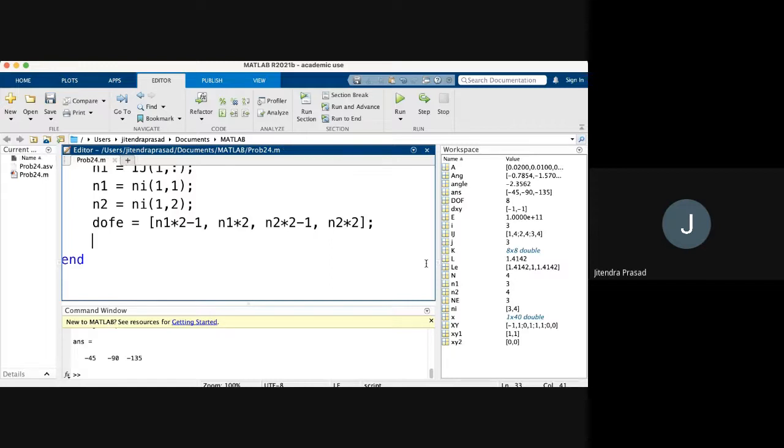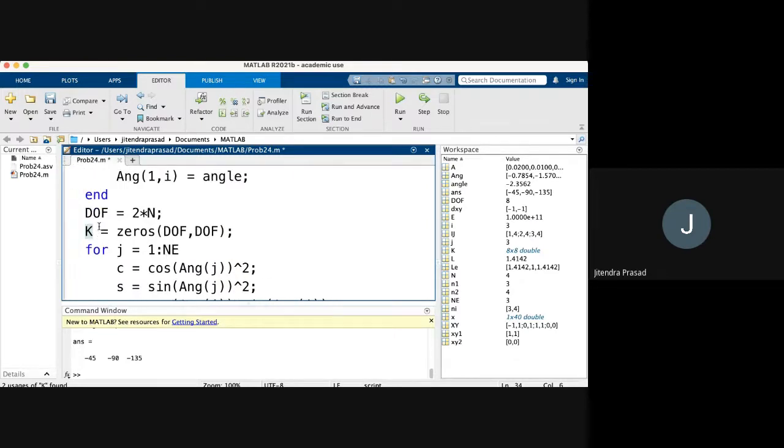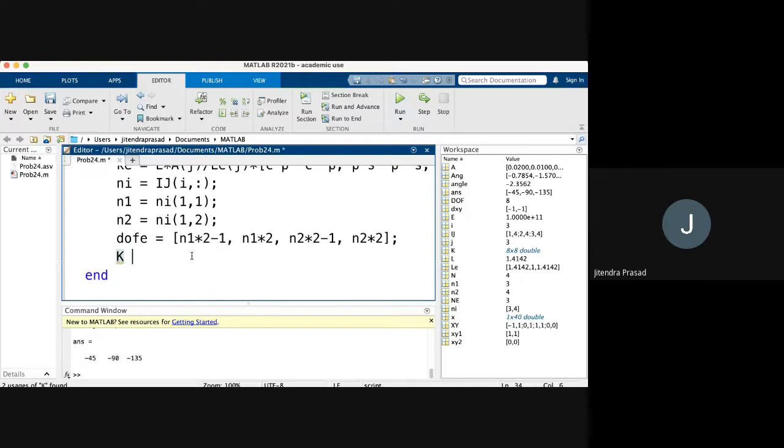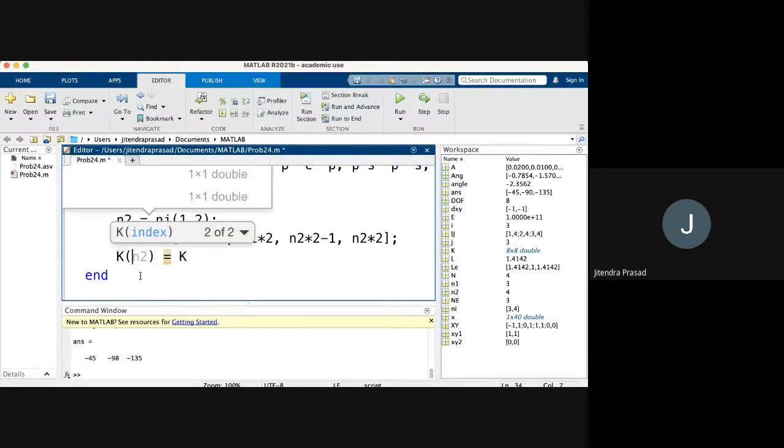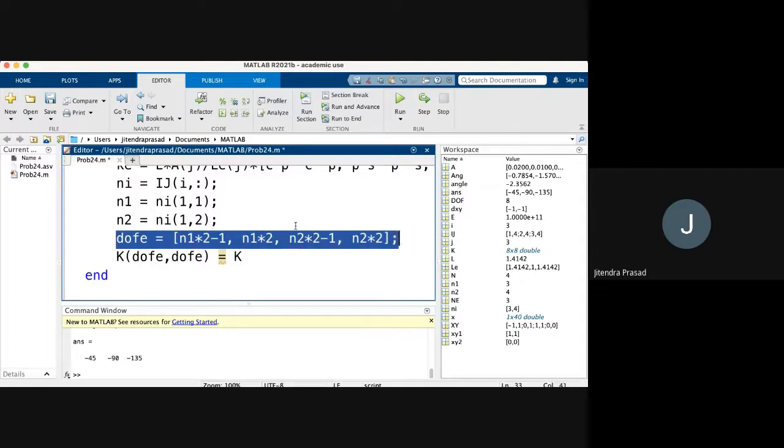And how do we assemble? We simply say k, the big K, is equal to k here, and which one? Degree of freedom E, DOFE. Why? Because we want to add in this degree of freedom only.